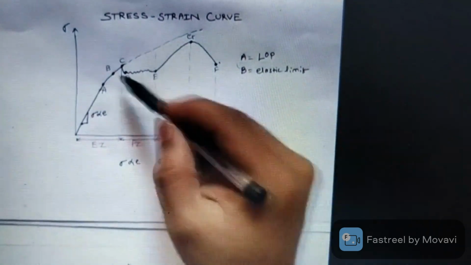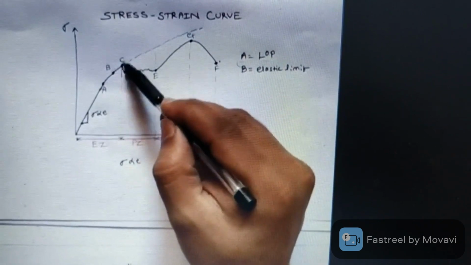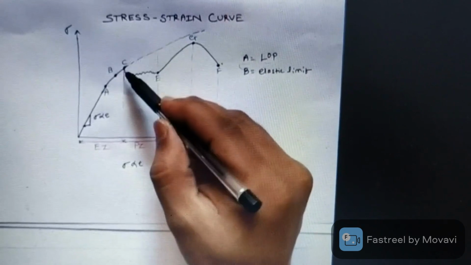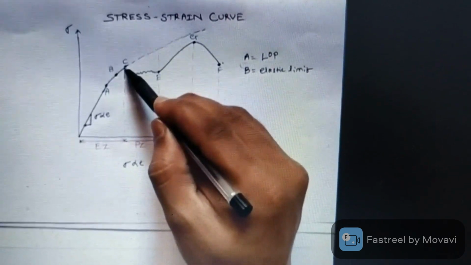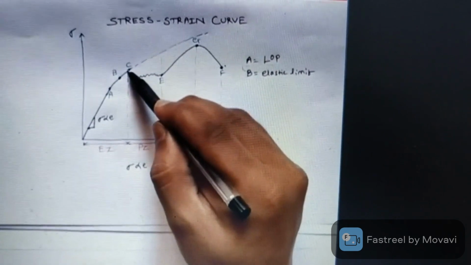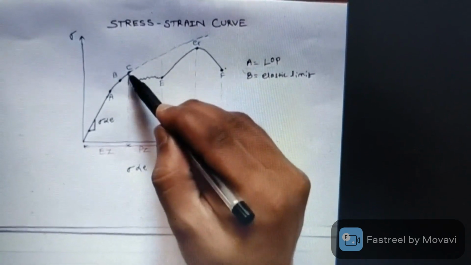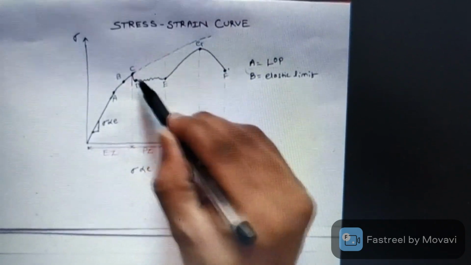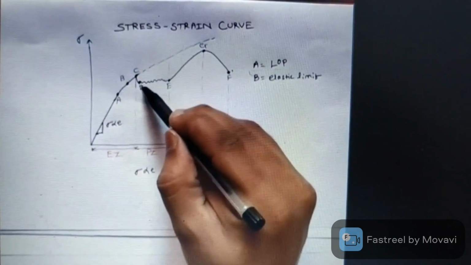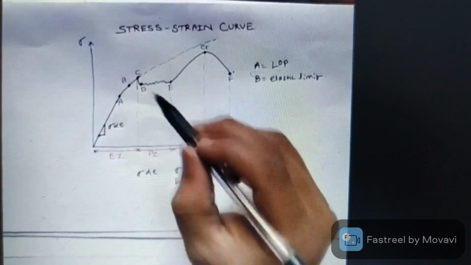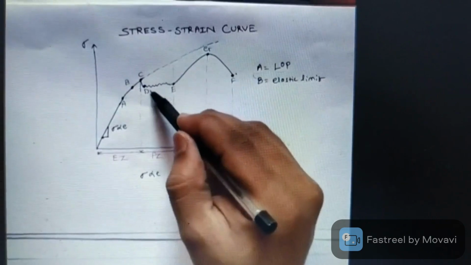After that, this point C is called the upper yield point, and this point we generally do not consider from the design point of view because it is not particular. After that there is a sudden drop of the stress value, and this point is called the lower yield point, which is considered for the designing of the material.